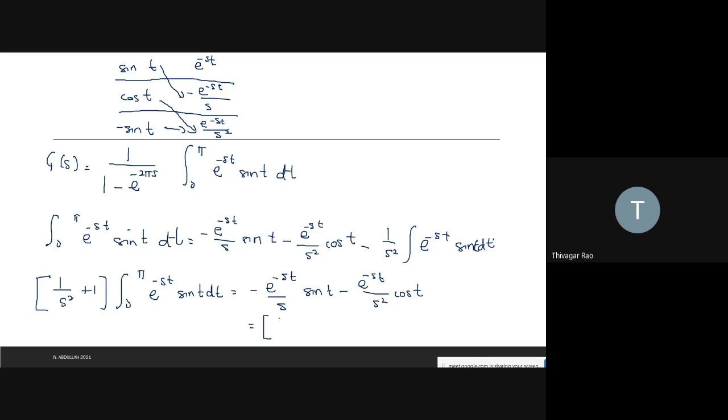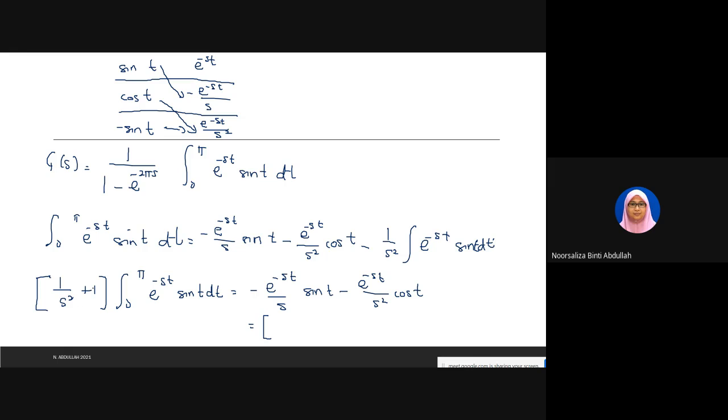S -2. Kan? Pecahan you bahagikan bila you bawa ke sini dia terbalik kan? Betul? 1/2 you bawa ke sini dia akan jadi 2. Betul? 3/2 dia akan jadi 2/3.